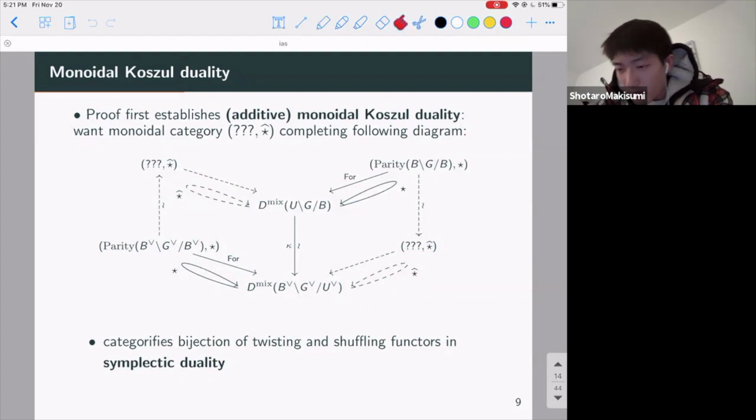So in symplectic duality, of which the Koszul self-duality of this category is an example, you have shuffling functors and twisting functors which are exchanged. And actually in this specific case, these functors actually come as the action of particular objects in these monoidal categories.